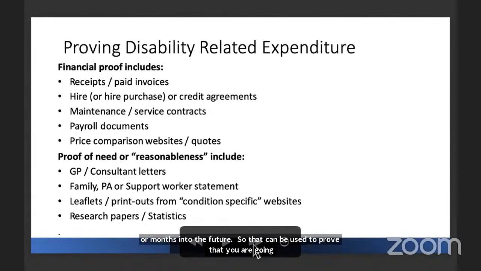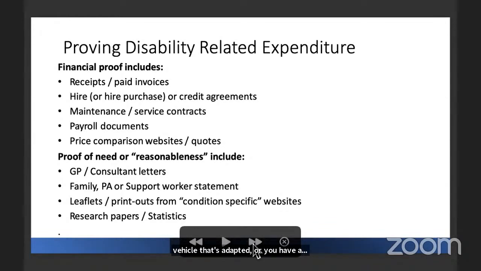And if it's for a disability related expenditure, such as purchasing an adapted vehicle, or a recliner chair that you're paying off in monthly intervals on a credit agreement, that shows that it's a disability related expenditure.